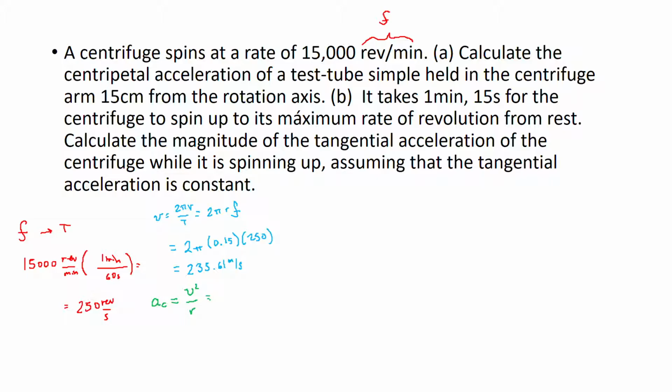So this is going to be 235.61 squared over 0.15, and that's going to be a very odd number, a weird number: 7,010. Yep, there we go. And that's meters over second squared. Okay, so there we go. We know this information for sure, and this is just part A.